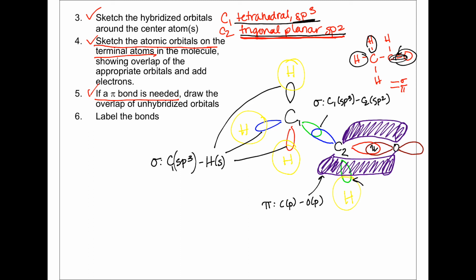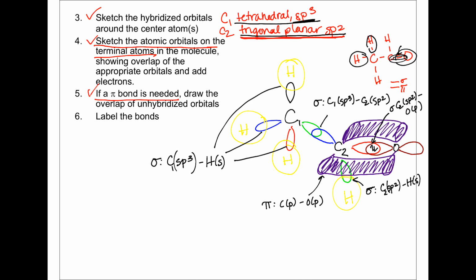This bond is a sigma bond made from carbon 2's sp2 overlapping with hydrogen's s. And then this bond in here is a sigma bond made from carbon 2's sp2 overlapping with oxygen's p.